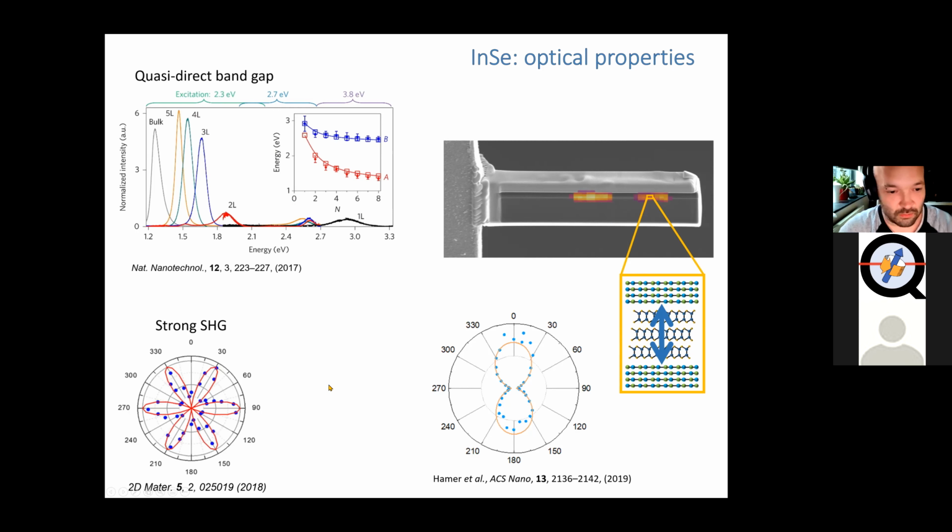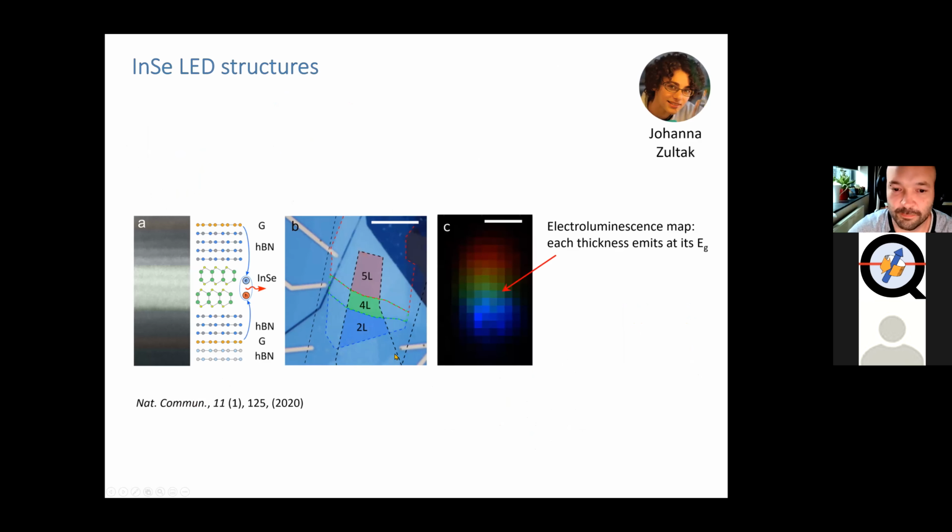The material also has strong second harmonic generation, due to lack of inversion symmetry. It can be used to create light emitting diodes, which is here. It's just a brief reference to a paper. Again, we have boron nitride on either side, 2 graphene gates, but this time the boron nitride is thin, so 3 or 4 layers, which allows for tunneling of the electrons and holes.